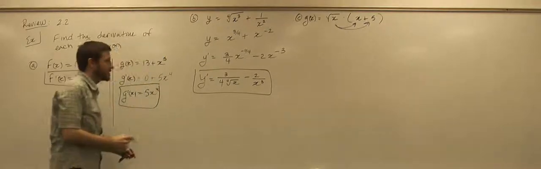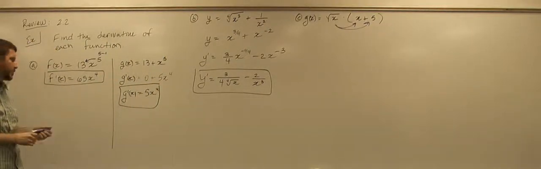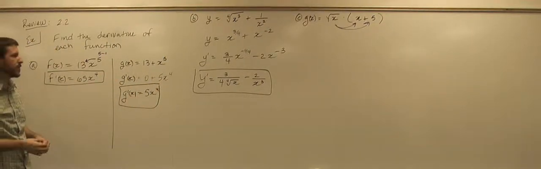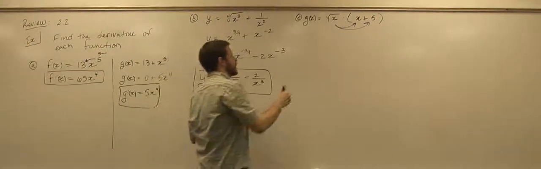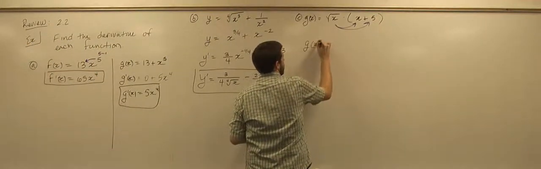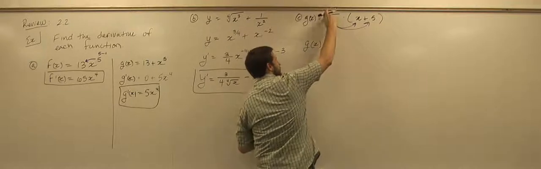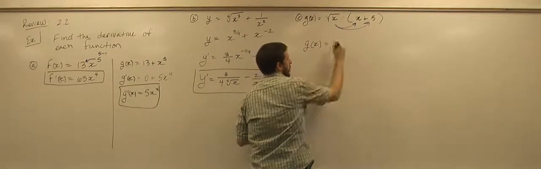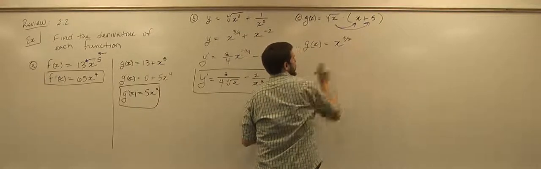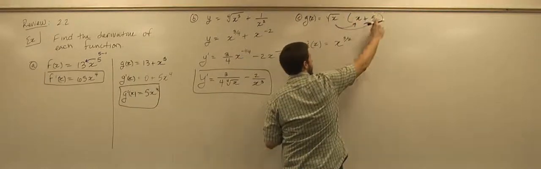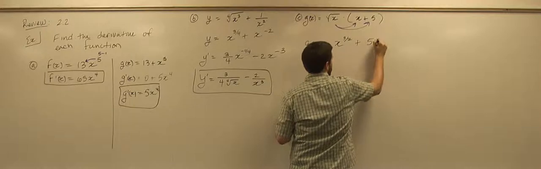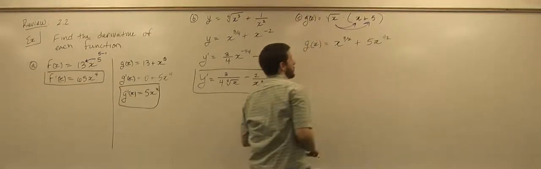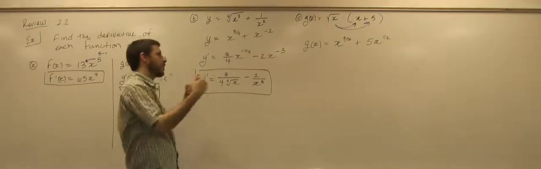You can rewrite the root x as x to the 1/2 first, or you can do it after you multiply, or you can do it in the middle. So in my head, this is x to the 1/2, this is x to the 1, so what happens when I multiply? X to the 3/2. This is x to the 1/2, this is 5, so plus 5 x to the 1/2. That's my original function.